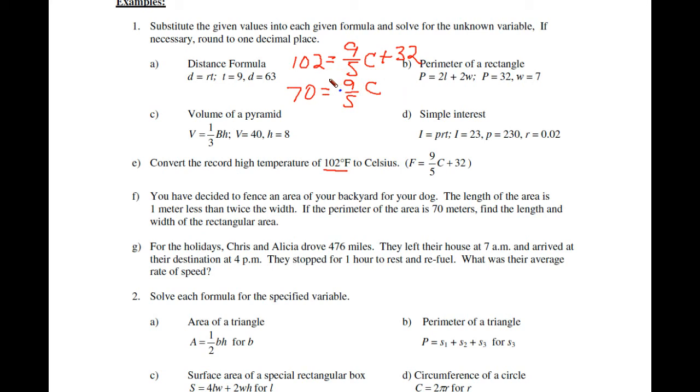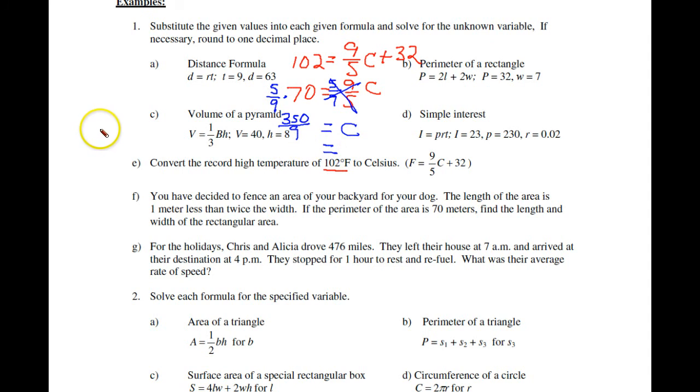I can put it right there, 5/9. Here this all cancels out. And we get 5 times 70, that is 350 divided by 9. Get my calculator.